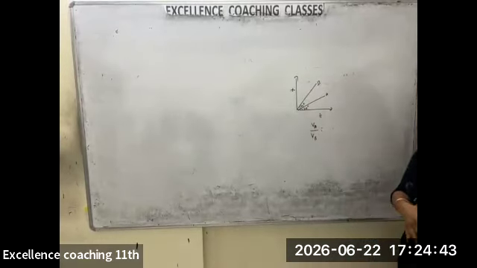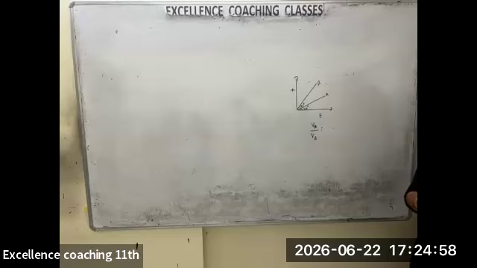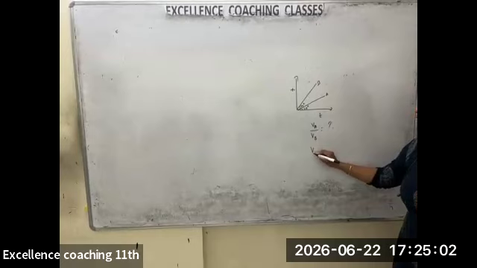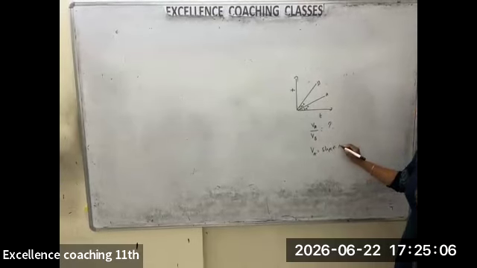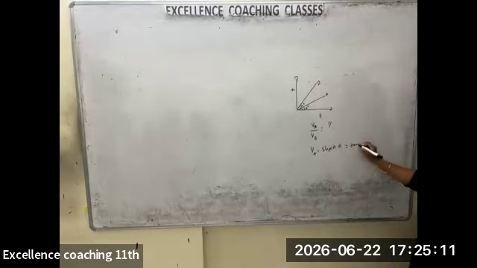Now the XT graph is given, so how do you get velocity? Slope of XT graph gives you velocity. So if I want to find velocity of A, I find the slope of A. Slope of A is tan 30.